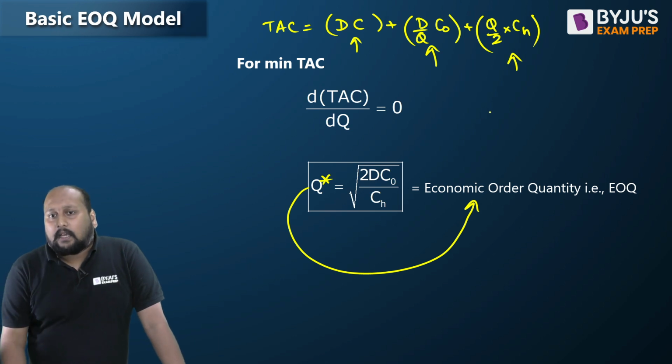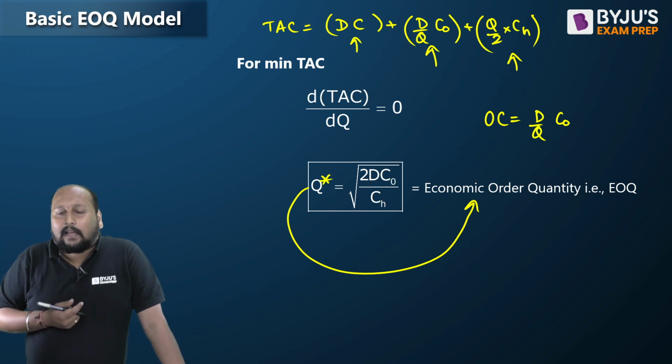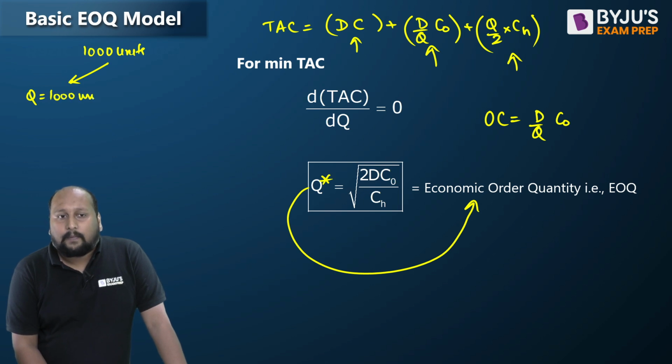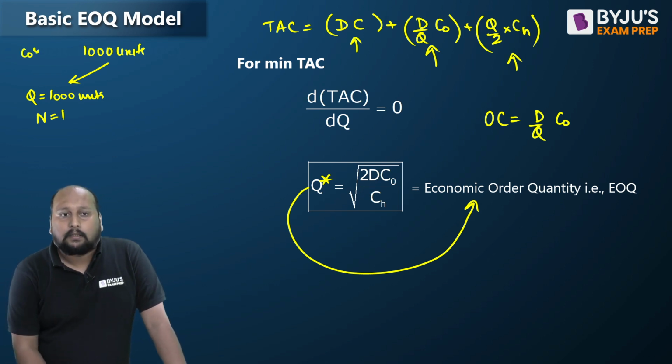The ordering cost is D by Q into CO, so if the order size increases, the ordering cost decreases. If the demand is 1000 units and you place all 1000 units in one go, the number of orders is 1, and if the cost per order is rupees 100, the total ordering cost is 1 into 100, only rupees 100.